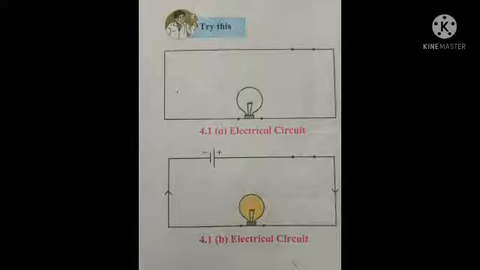The electrons flow from the negative terminal of the cell to the positive terminal, so the conventional current flows in the opposite direction, as shown in the figure by the arrows. Observe that in figure 4.1a there is no current, as there is no potential difference in the absence of any cell. Current starts flowing in the circuit as soon as potential difference is applied.